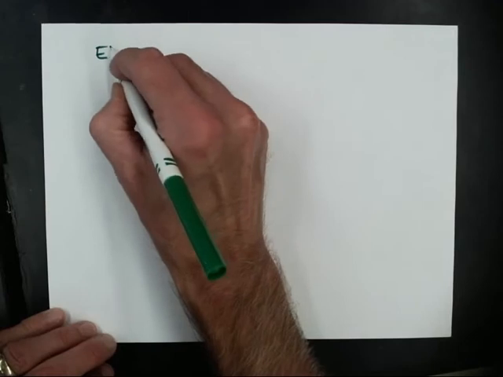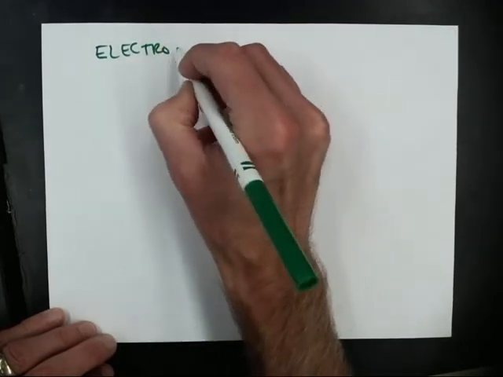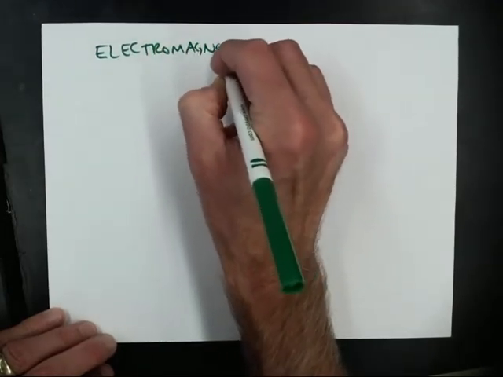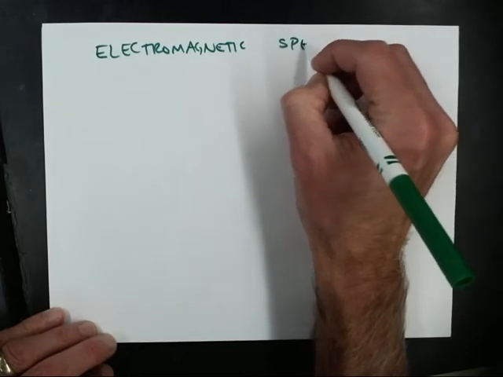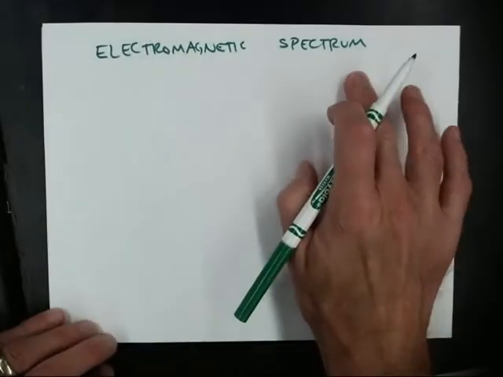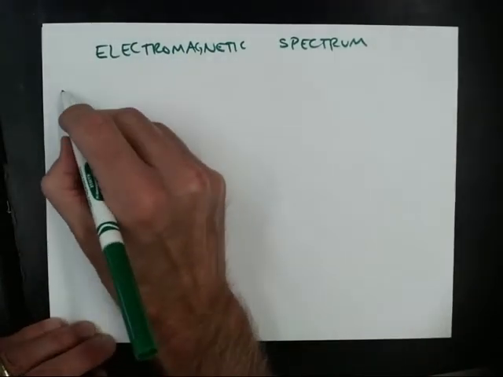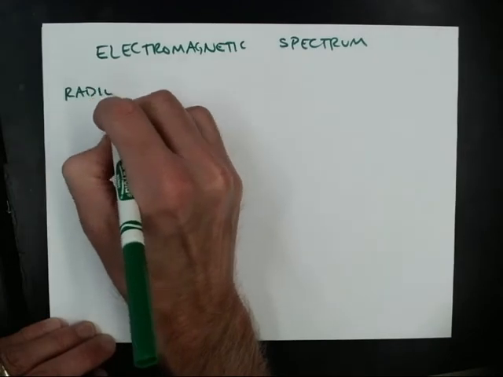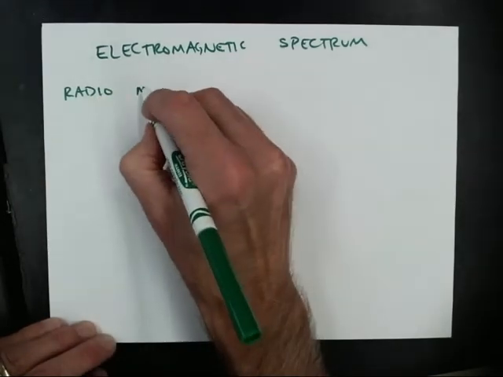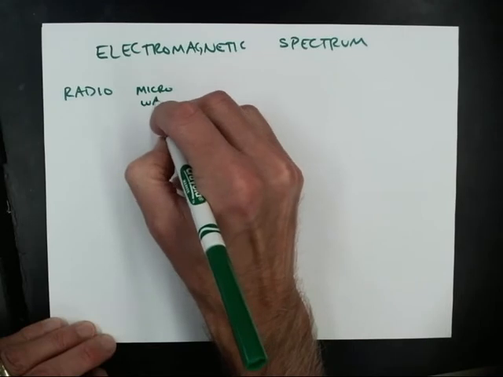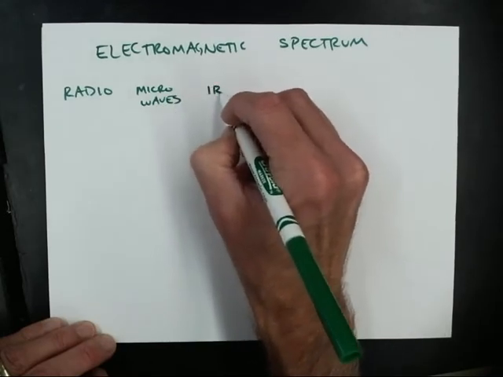Okay, let's look at this with a bunch of different types of light waves. All the different types of light waves, we sometimes call this the electromagnetic spectrum. And the various types of light waves that are in the electromagnetic spectrum range from radio waves to microwaves to infrared light.